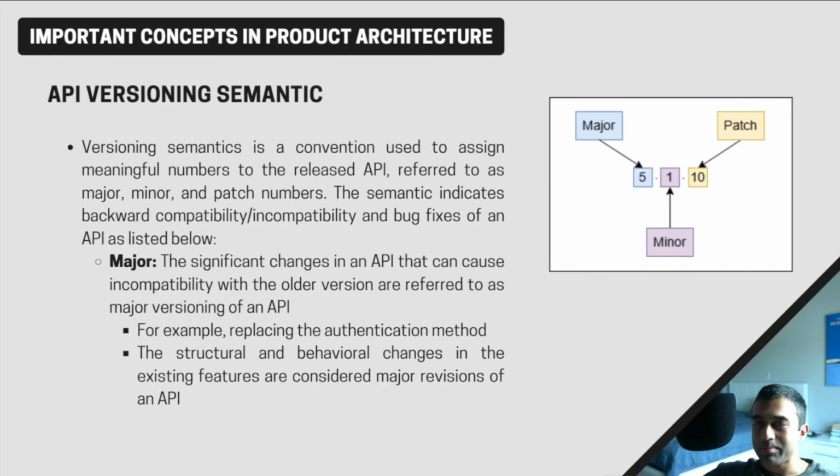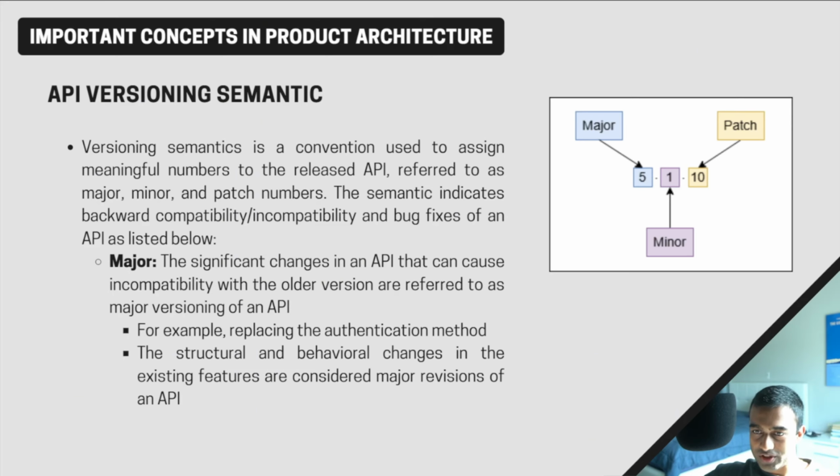So let's talk about API versioning semantics. Versioning semantics is a convention used to assign meaningful numbers to the released API, referred to as major, minor, and patch numbers. The semantic indicates backwards compatibility, incompatibility, and bug fixes of an API as listed below.